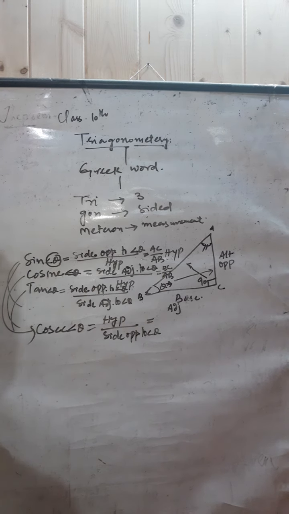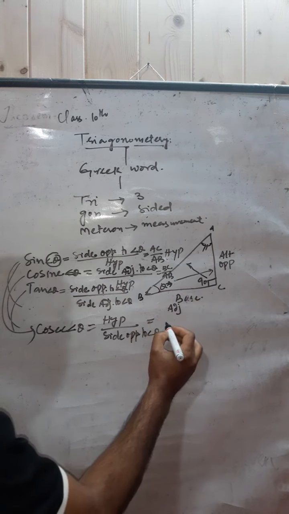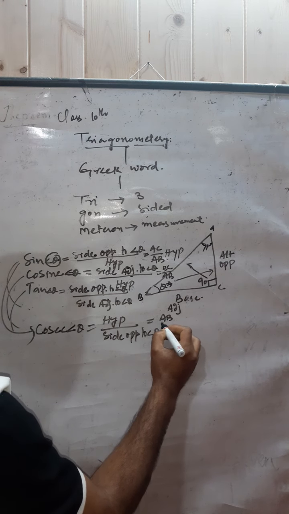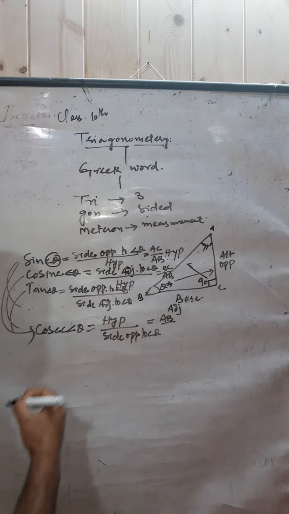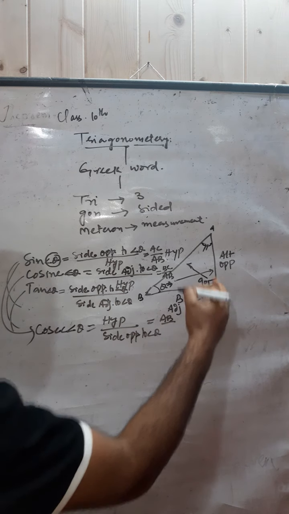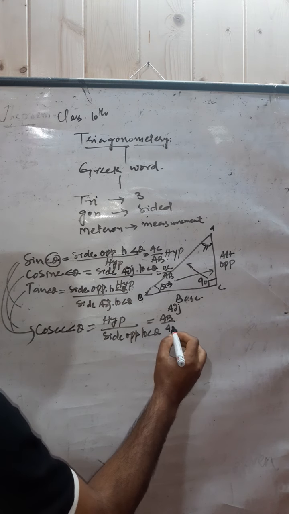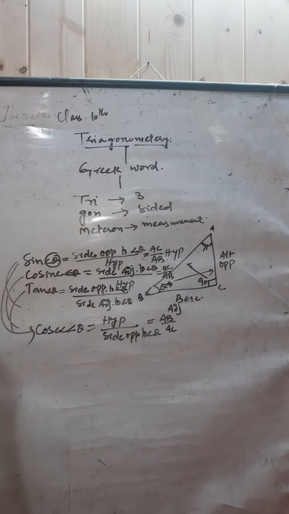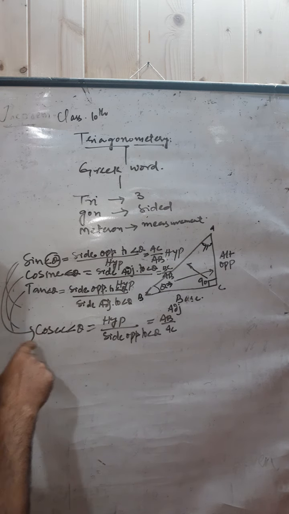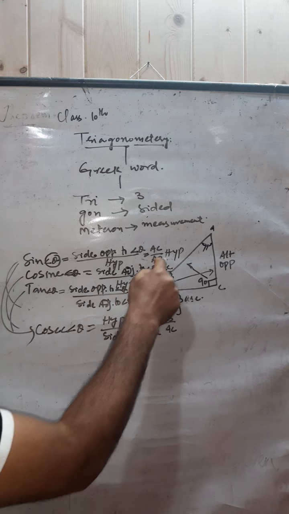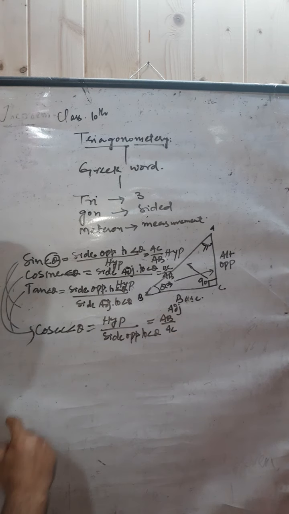Because it is the reciprocal, hypotenuse is AB and side opposite is AC. So that is why in sine of angle theta we have AC by AB, but in cosec we have the reciprocal of that, that means AB upon AC.